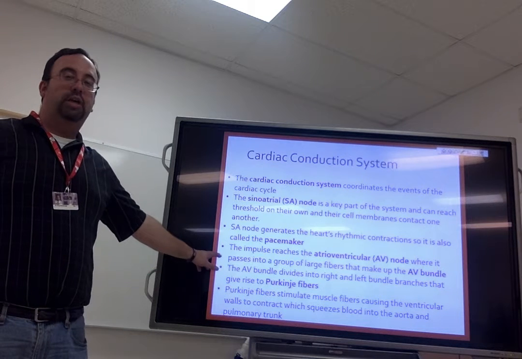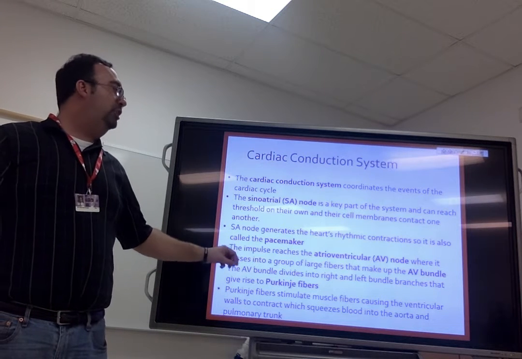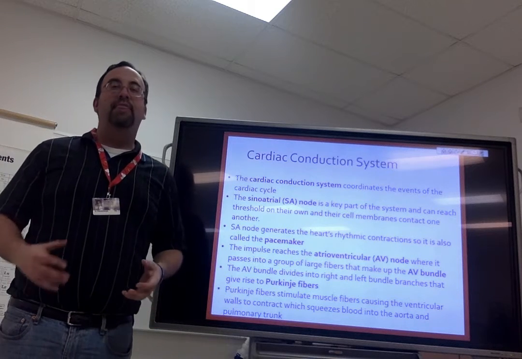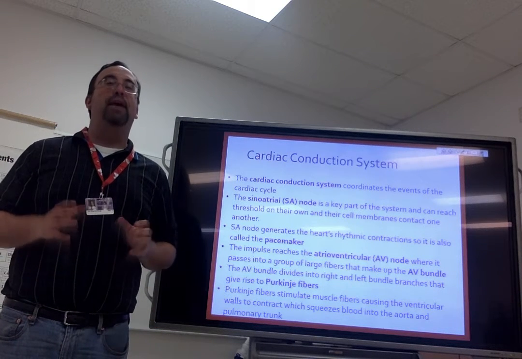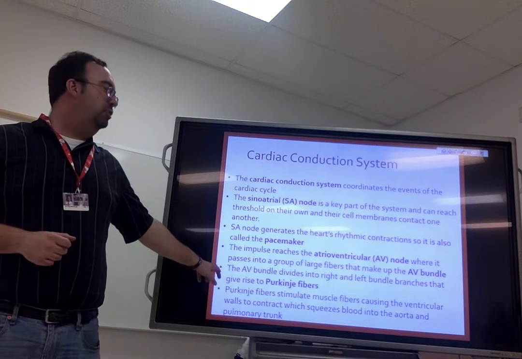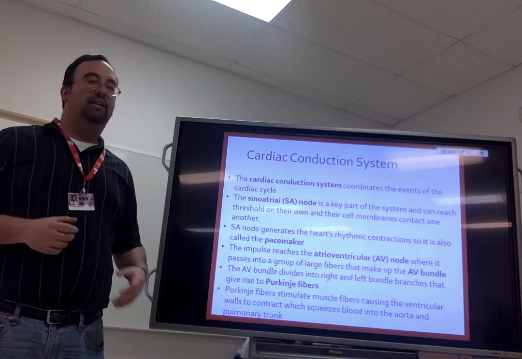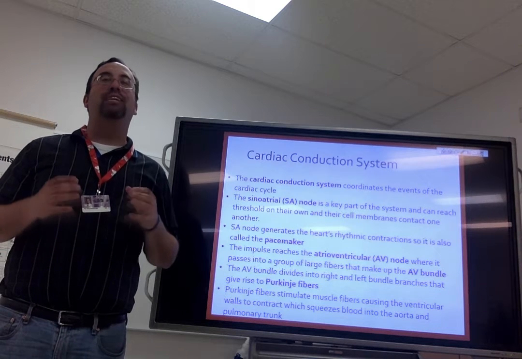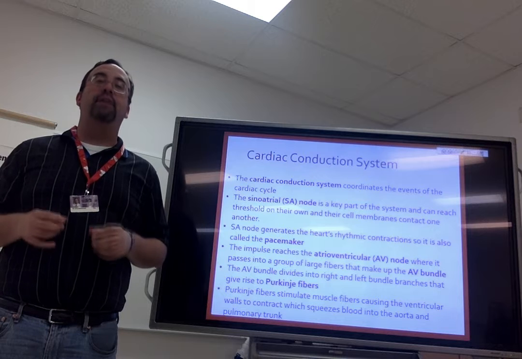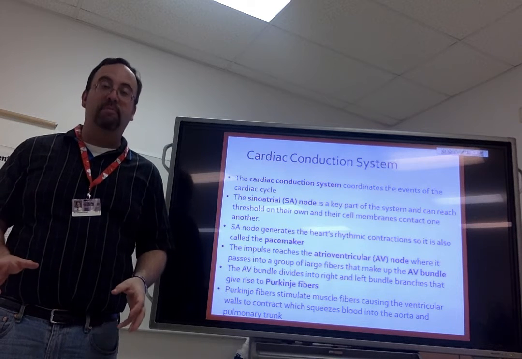The impulse, as we saw in the previous slide, will reach the AV node, where it passes into a group of large fibers that make up what's called the AV bundle. The AV bundle will divide into right and left branches that then give rise to what are known as Purkinje fibers. Those are the fibers found in the myocardium tissue.